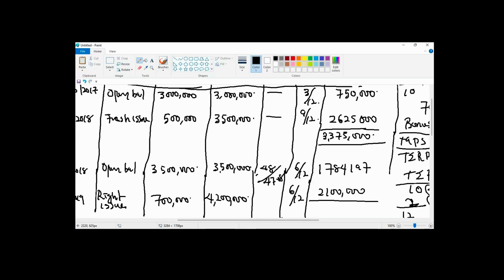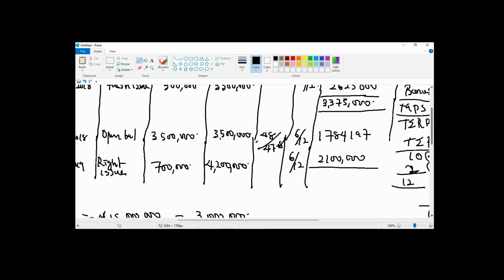It's correct. The figure is correct. I will now add, then this one will give me 3, 7 plus 1, 8. It's confirmed. 3,884,197. That is all.